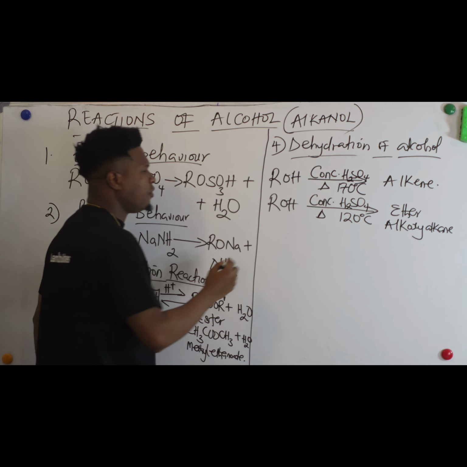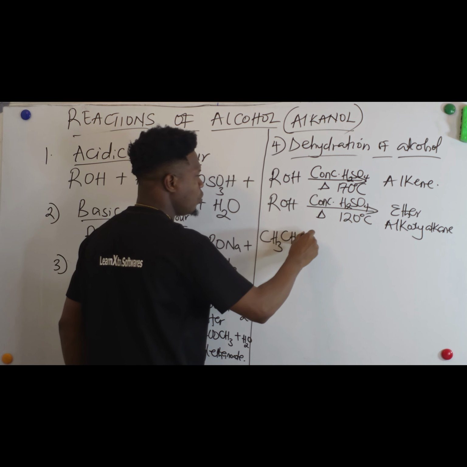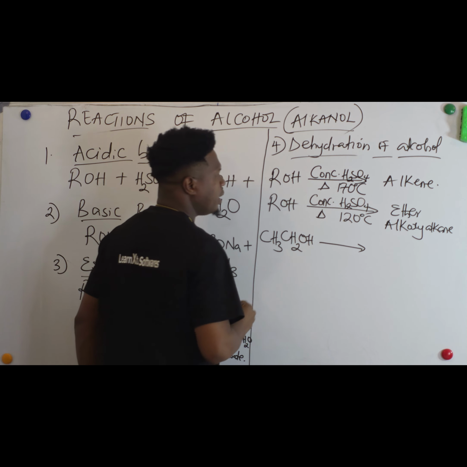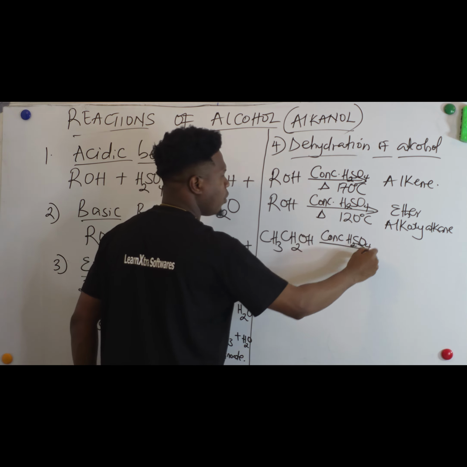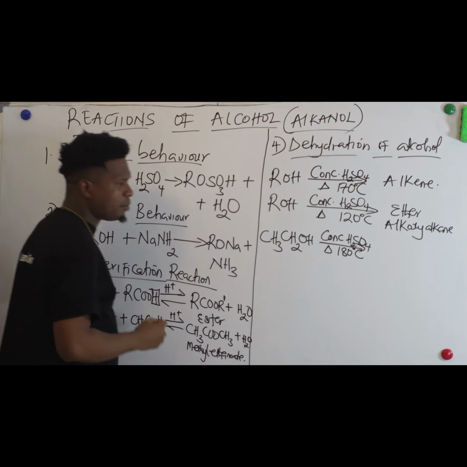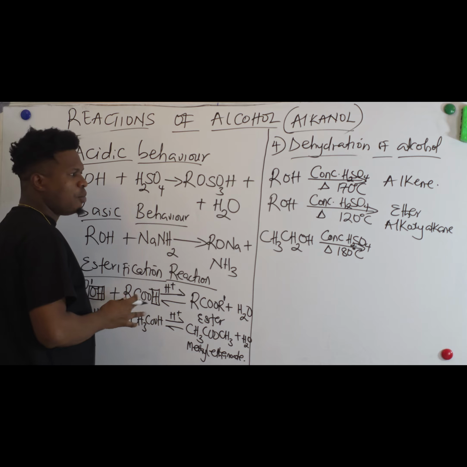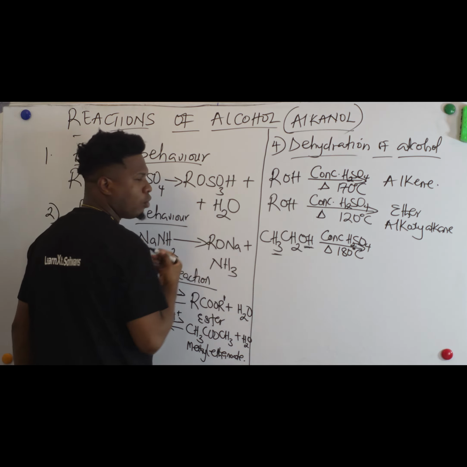Now let's perform this reaction and see how it works. For example, if I have ethanol, CH3CH2OH, and we have concentrated H2SO4 at a high temperature of 180 degrees C, there will be a dehydration. OH will go out and one of the H from here will also leave.